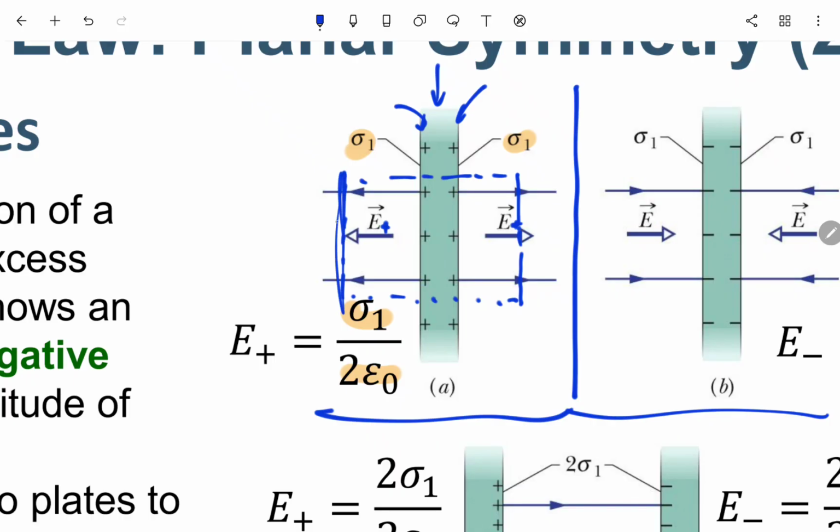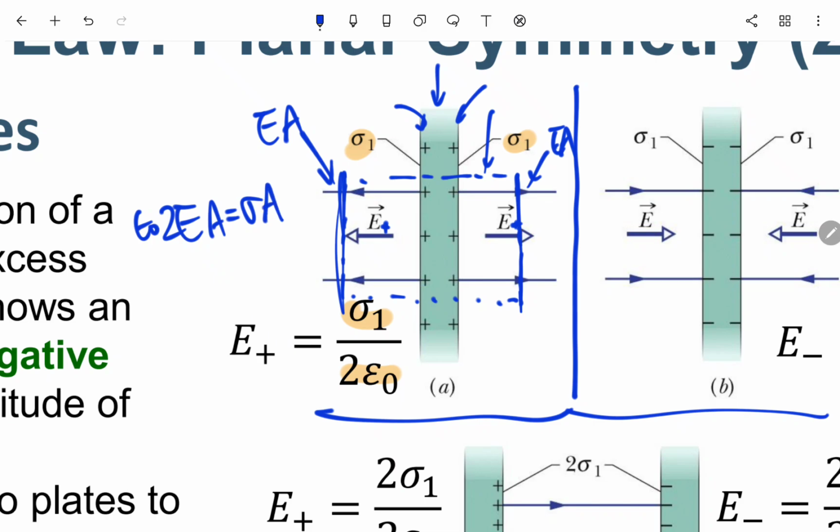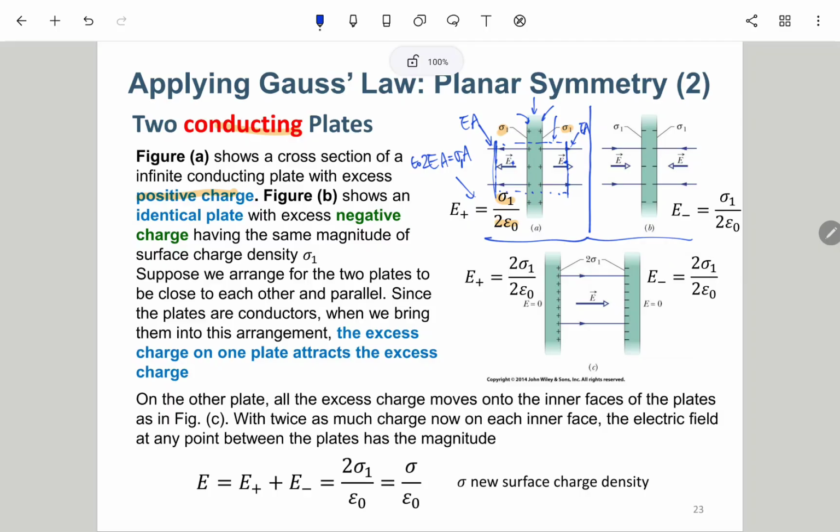On this side you have E times A, and on this side you also have E times A, but nothing for the top and bottom. So finally you get epsilon naught times 2EA equals sigma A, where this is sigma 1.